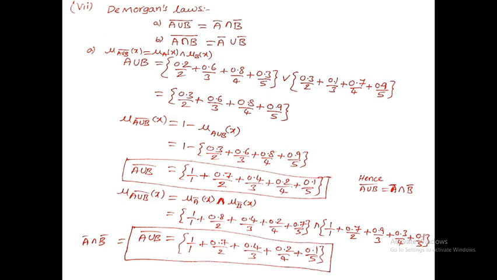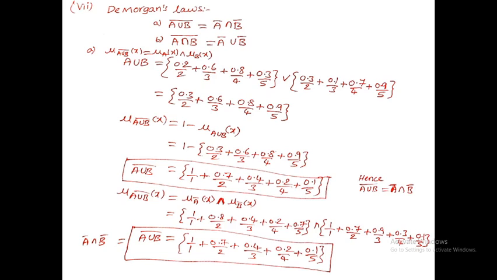If you want to find A union B complement, simply it is nothing but the complement. So mu A union B complement of x is equal to 1 minus mu A union B of x. Already you know A union B. Just you need to subtract that from 1.